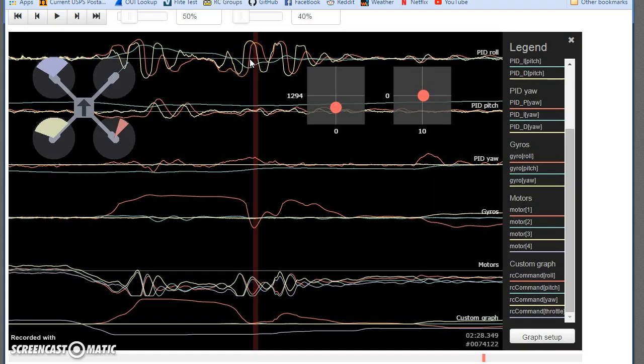And P goes to zero, meaning that when P is zero, the copter should keep doing what it's doing. So if it's standing still, it needs to keep standing still. If it's spinning to the left, 360 degrees per second, it needs to keep doing that. Whatever it's doing is the right thing for it to be doing based on the stick position. In this case, the stick position is centered, which is commanding zero angular rate. We've achieved zero angular rate, so P jumps up to zero, saying, keep doing what you're doing.